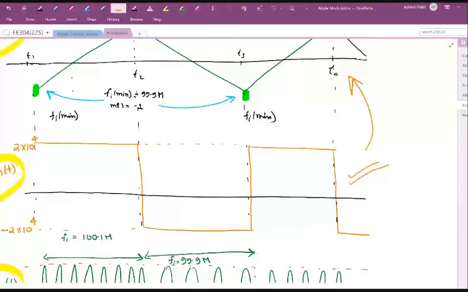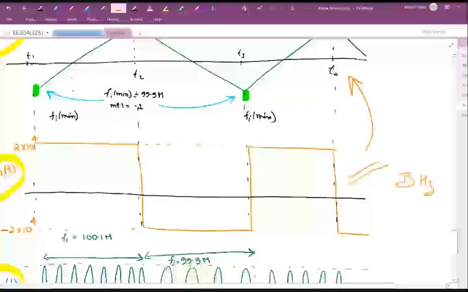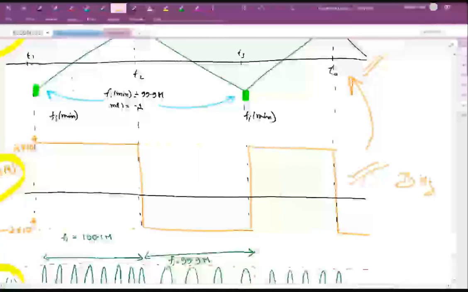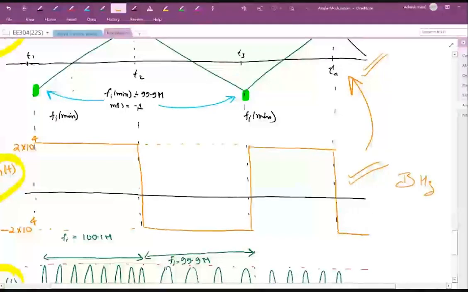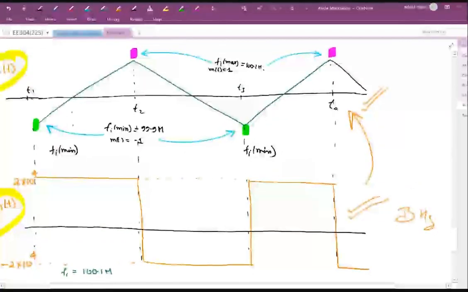If this was having a maximum frequency component of B hertz, then what should be the maximum frequency of this signal? Are people able to follow the question that I'm asking?